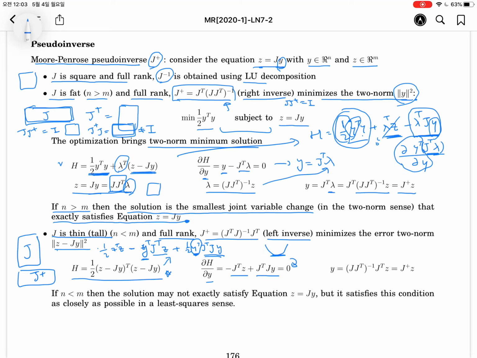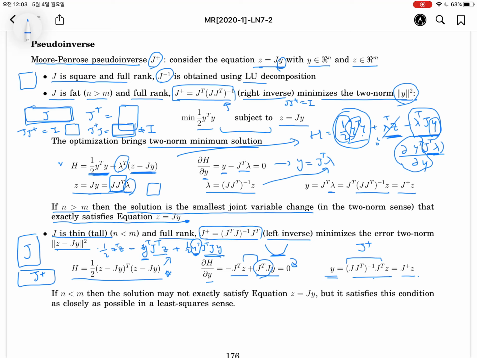Okay, the minimum is achieved at zero. So we will have some relationship between z and y. Okay, so it is a square. So if we apply the inverse of the square matrix to both sides, then y will be denoted by this matrix. Okay, this one is defined as a left pseudo-inverse, but the notation is the same, J pseudo.